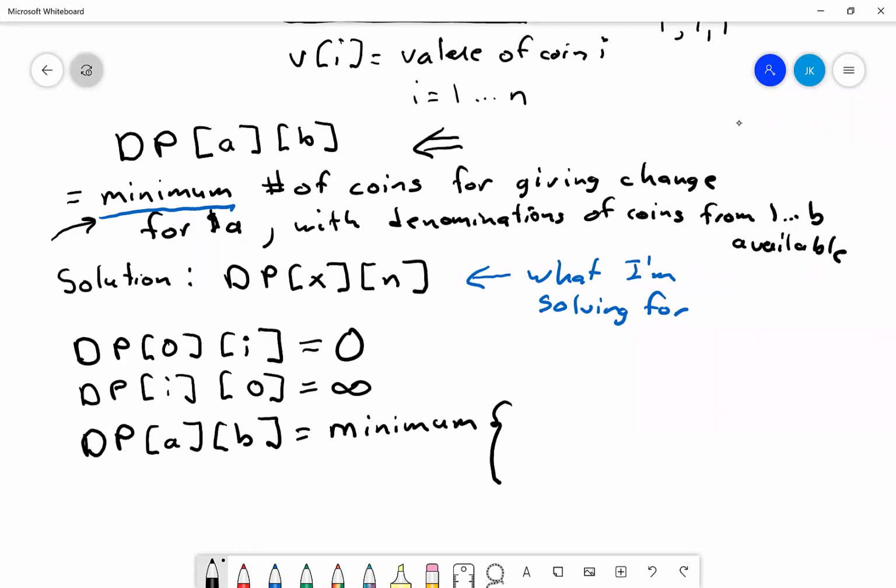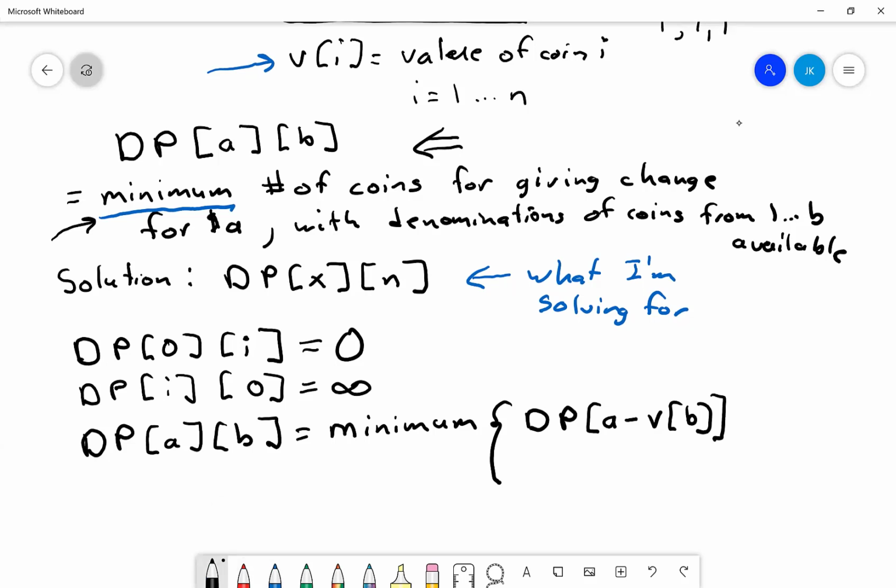Option number 1 is I can use a coin of the value B. If I use that coin of the highest denomination available to me, whatever the Bth index is, then I am left with another dynamic programming problem where I now have A minus V of B. Remember, up at the very top, we defined V to be the value of the coin itself.